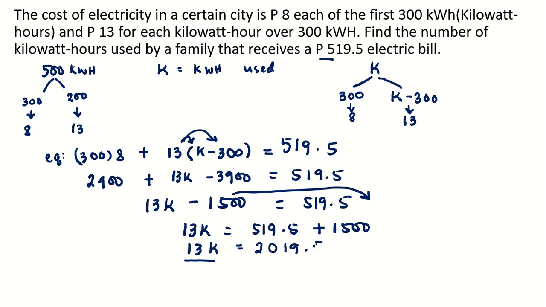Divide both sides by 13. So K is equal to 155.35 kilowatt hours, or you could round this off, we have 156.